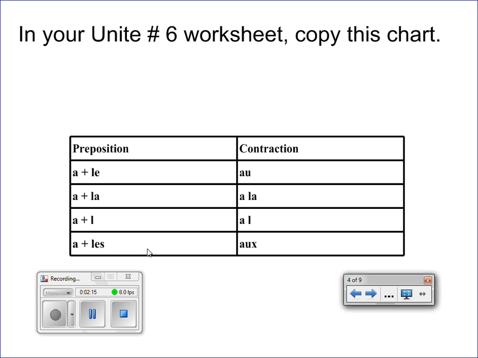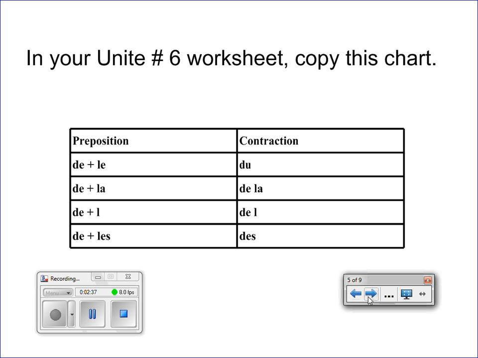And finally, à plus les, we can shorten that down to aux. So please put the video on pause so you can get a picture of this slide, or you can copy the chart down on a piece of paper. Okay, let's move on to the next.